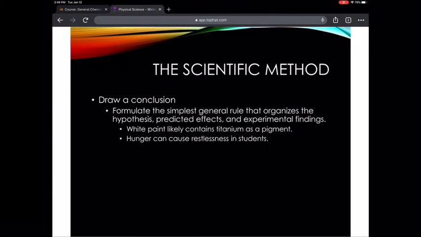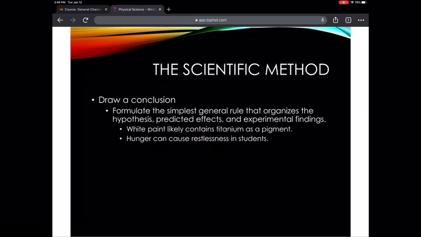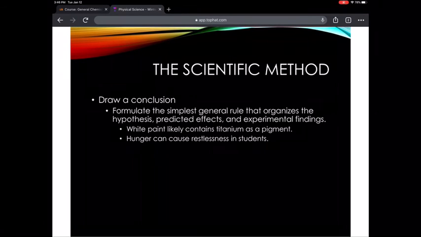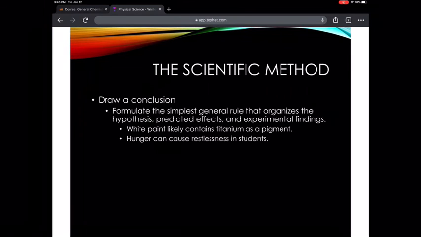The last part, as we wrap up the scientific method, is that we need to draw a conclusion. So we need to formulate the simplest general rule that organizes our observation, our hypothesis, the predicted outcome of testing our hypothesis, and then what the experimental findings are.